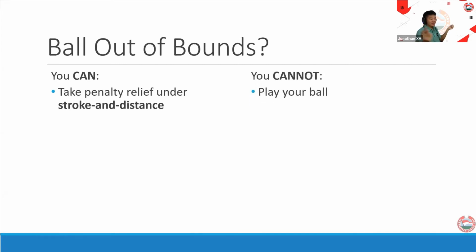What you cannot do if your ball is out of bounds, even if you find your ball, is play your ball, because your ball is already not on the golf course anymore. So even if you find your ball out of bounds, you cannot play it because it's already out of the golf course. It's gone. You can pick it up, like it's worth some money, but you cannot hit it.